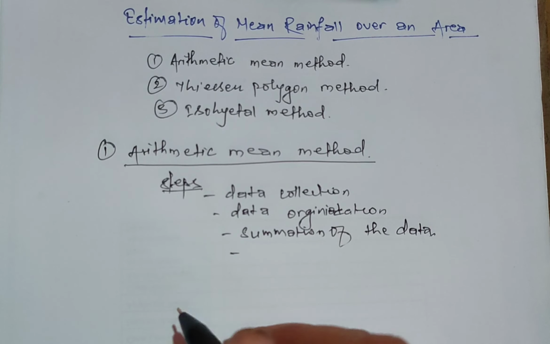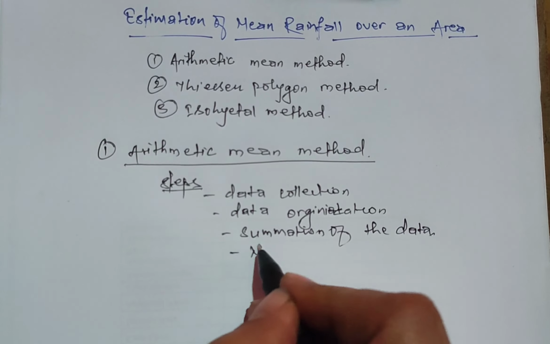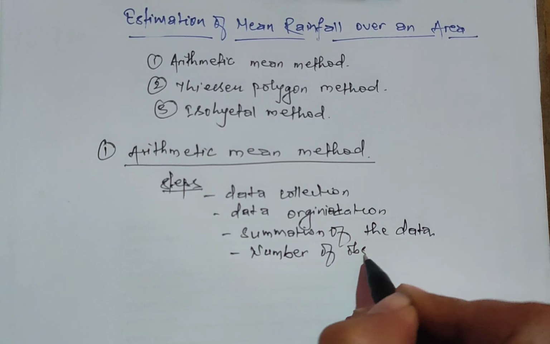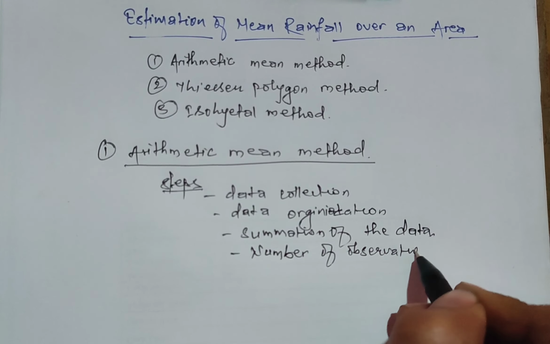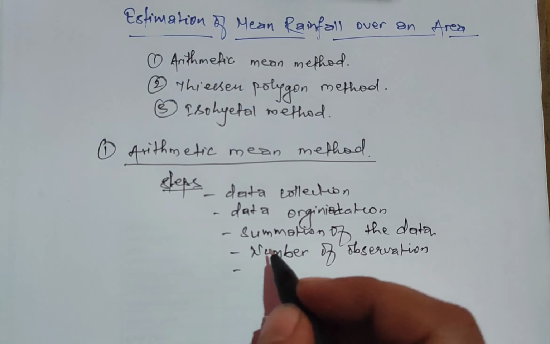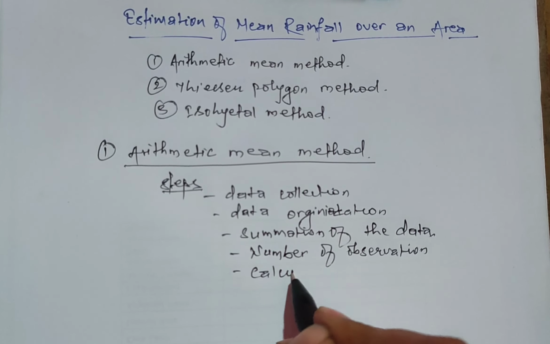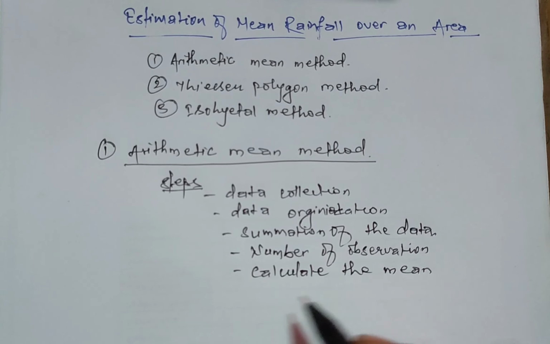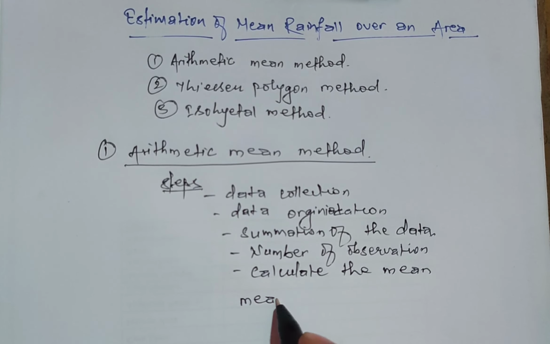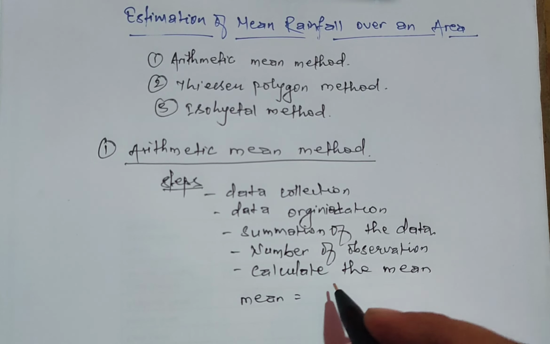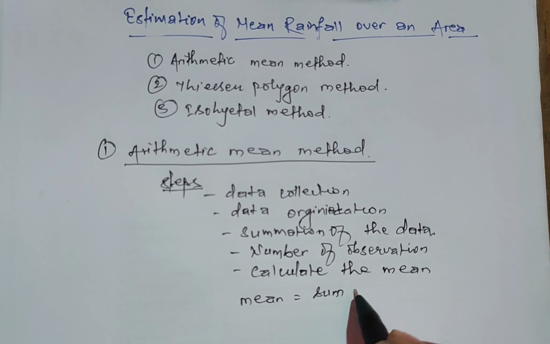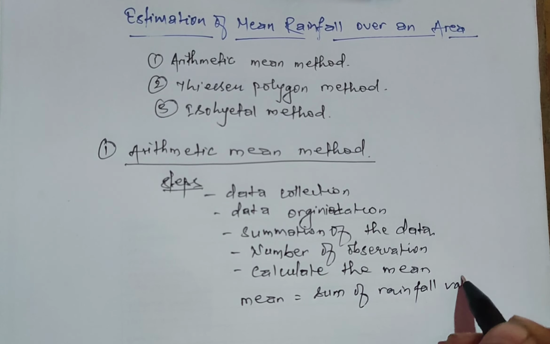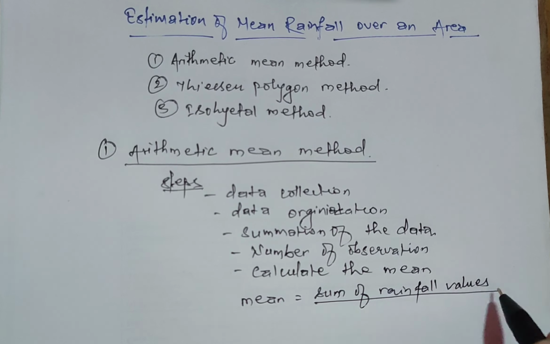And in the next we will find out the number of observations, and after this we'll calculate the mean using the formula: mean equals sum of rainfall values divided by number of observations.